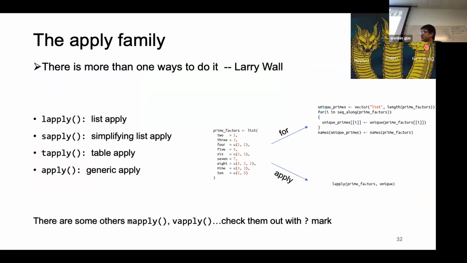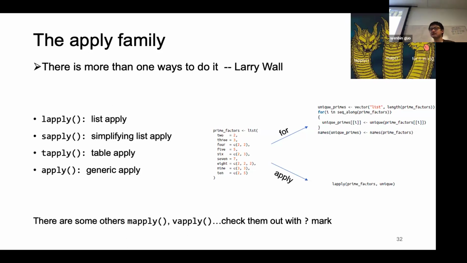And besides the explicit three loops, there are also some implicit loops, which can be summarized as the apply family. Again, like in any kind of programming we are working on, there is more than one way to do something. For example, here we want to do a loop where we iterate through all the elements, and for each element, we finish some kind of computing.